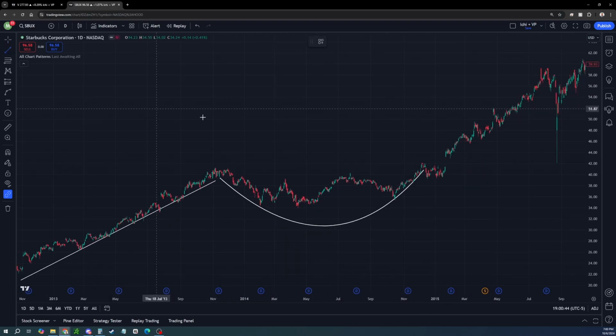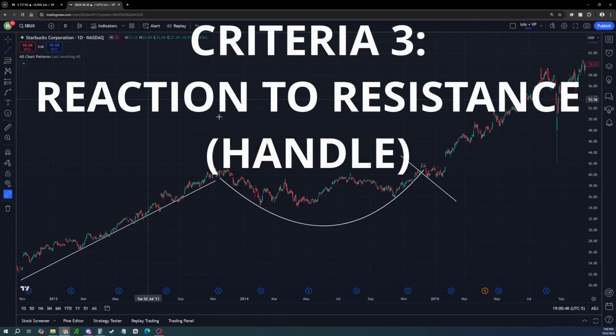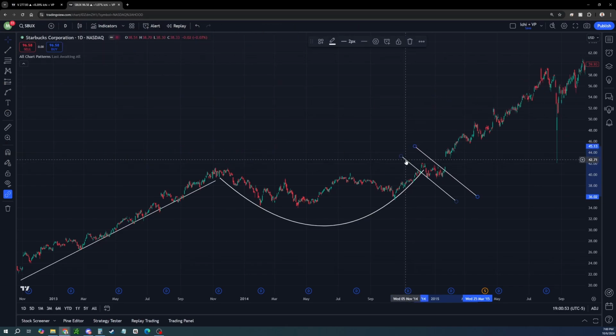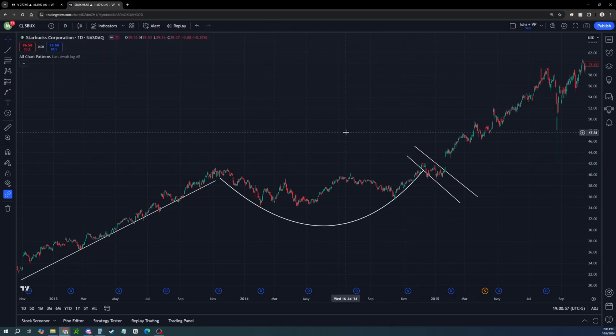And then, maybe harder to see, there is a handle forming here to an extent, right there. Again, not perfect, it's not about having an exact perfect line setup. It's about the psychology of the trade.